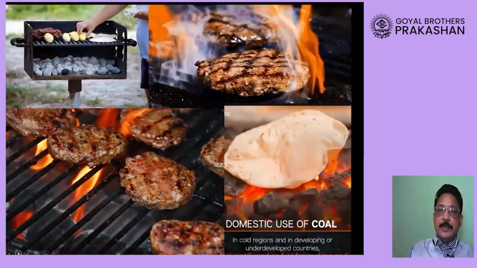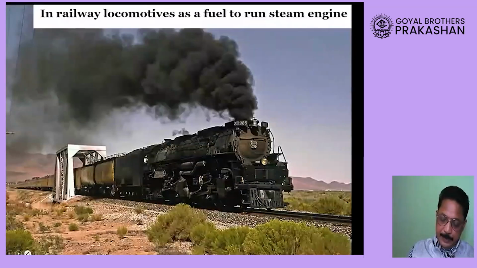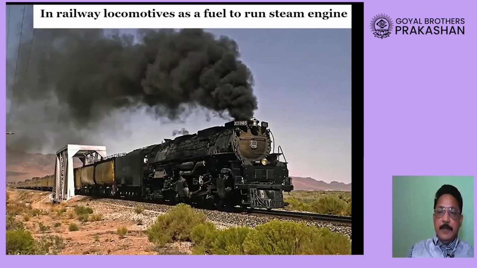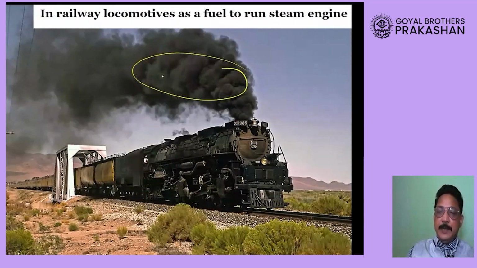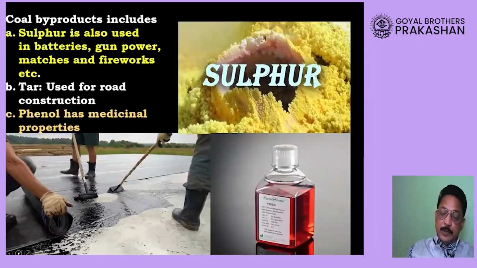You can also see here it is used for a process called roasting, and we can use coal for that purpose. Then in railway engines, it is used to produce steam, and that steam will make the engine move. So in this way, dear students, we are finding a lot of uses of coal.